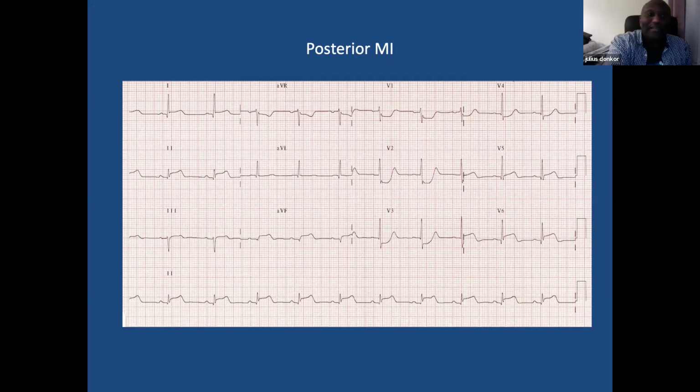So it's more likely a circumflex dominance that stretches to the right side as well, so you might get an inferior ST elevation. And Life in the Fast Lane covers that really, really well, so I would encourage you to go on that and have a look.